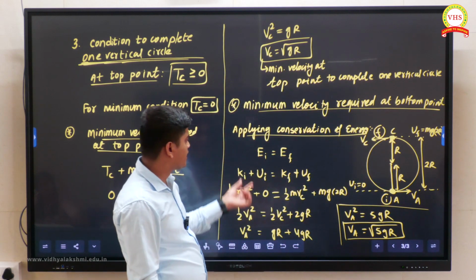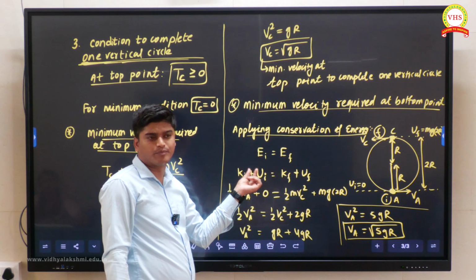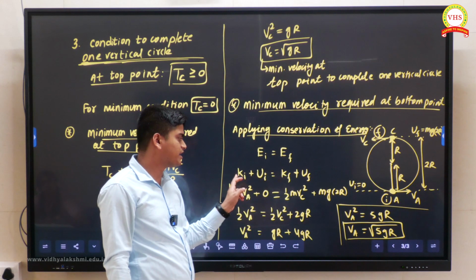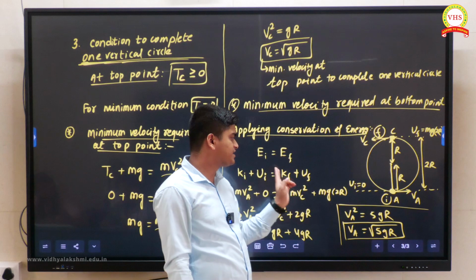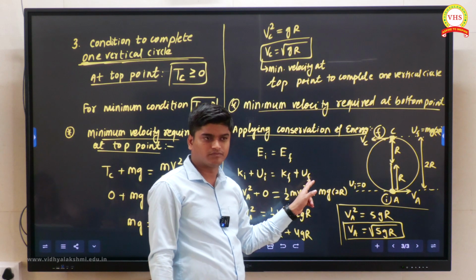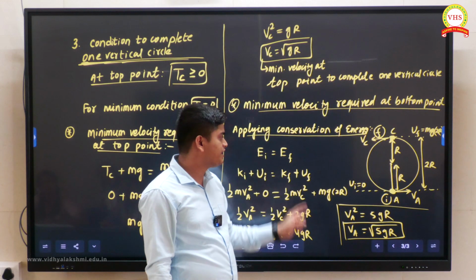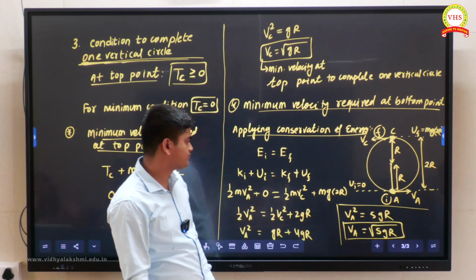Now initial energy consists of both kinetic and potential. So kinetic initial plus potential initial, I for initial, Ki plus Ui, it is written like this. Similarly, E final is K final plus U final, F for final. The total energy is always kinetic energy plus potential energy.